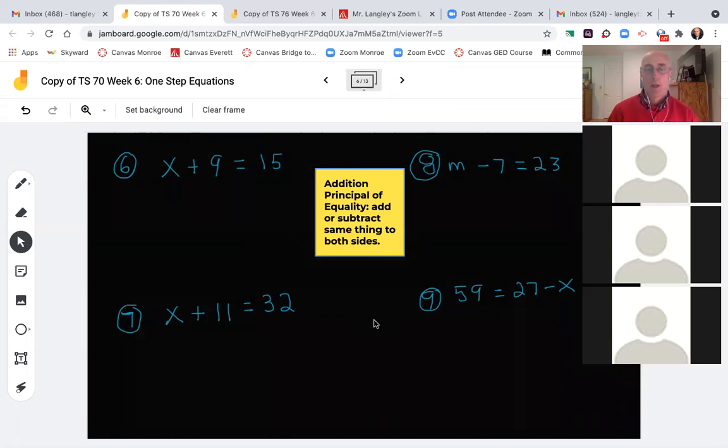It's the idea you can add positive or negative numbers to both sides of an equation to create an equality. And so this addition principle means you're always either adding positive or adding negative numbers, or you could just say subtracting.